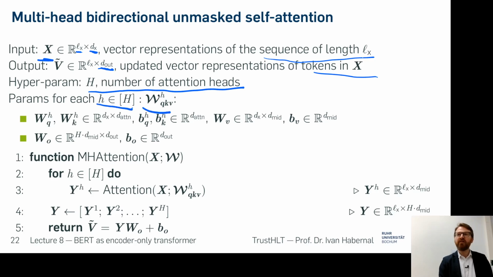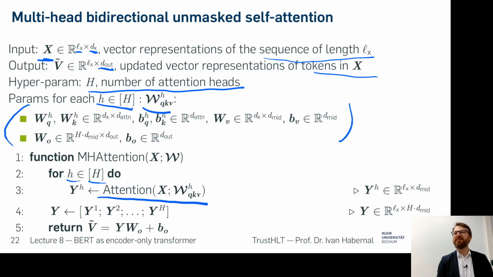For each head the parameters are different, with different initialization, so they end up trained differently. For your reference, there are some matrices with dimensions that have to match. But the function is simply, for each head, compute the attention.